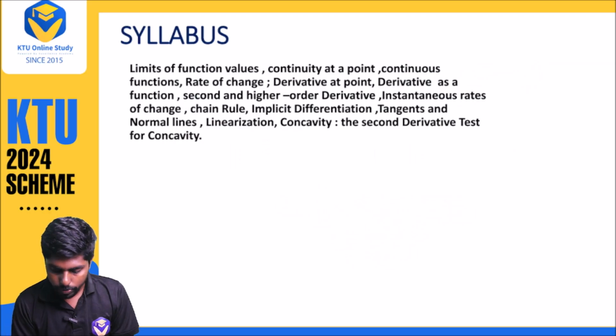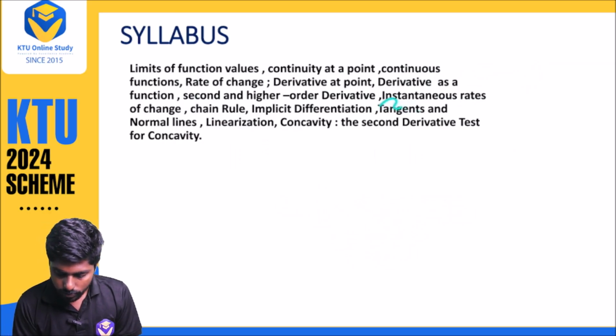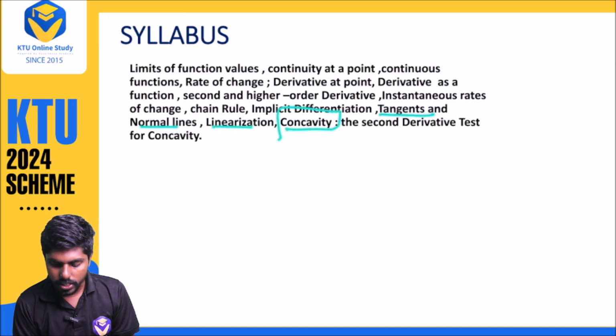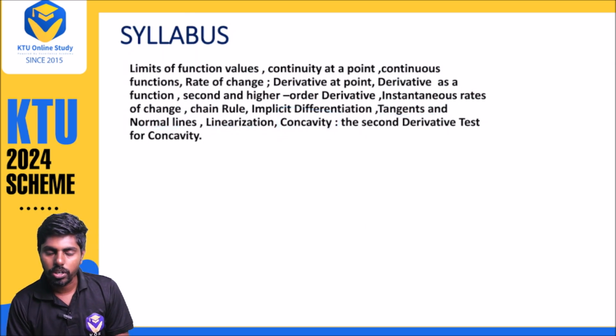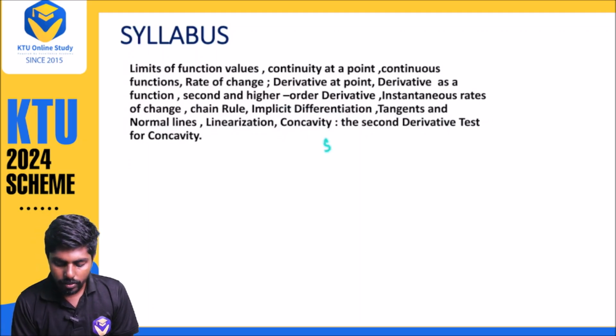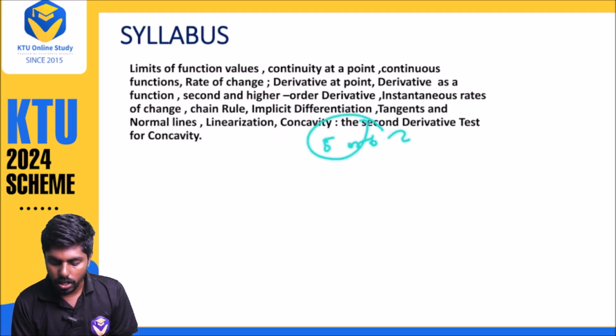So what are the topics? We know them: tangent and normal line, linearization and concavity. These are the areas that are high yielding for marks, where you will get a 5 mark, a 6 mark or a 4 mark question.